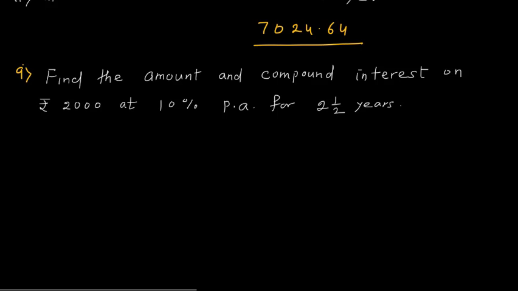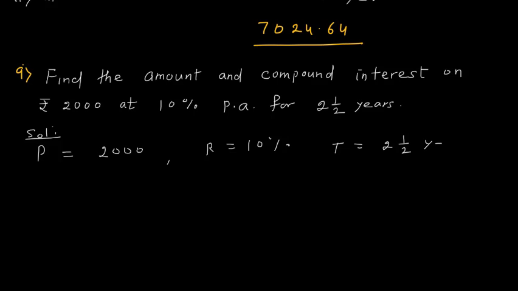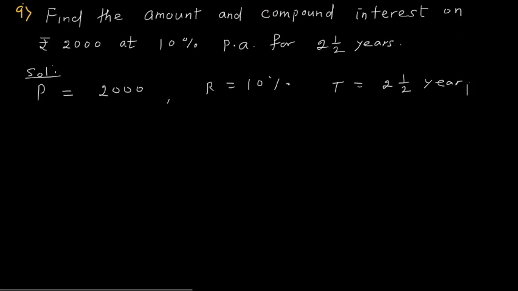So let us first see what is given. Principal is given. So in solution we will say that P is 2000, R is 10%, and total time is 2.5 years. As we have to find compound interest, we proceed year by year.